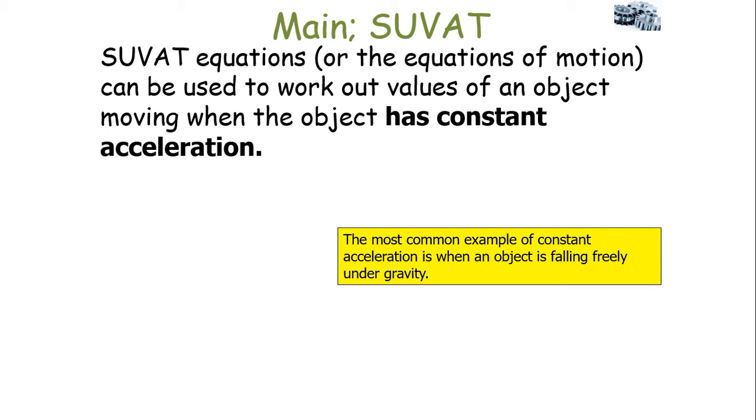The most common example of constant acceleration is when an object is falling freely under gravity. If you take any object like a ball, a parcel, or a person, and you drop them freely, they will have constant acceleration under gravity.